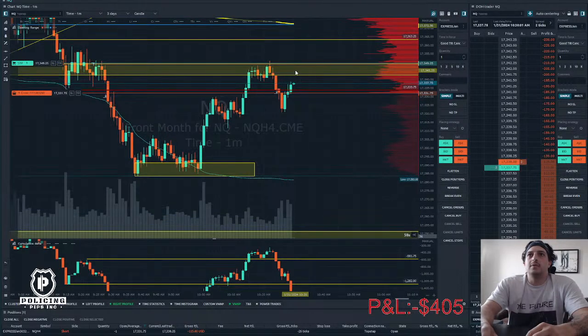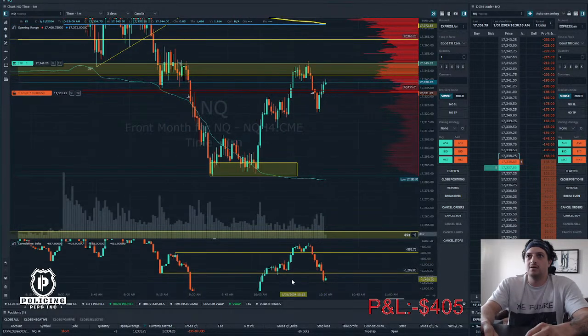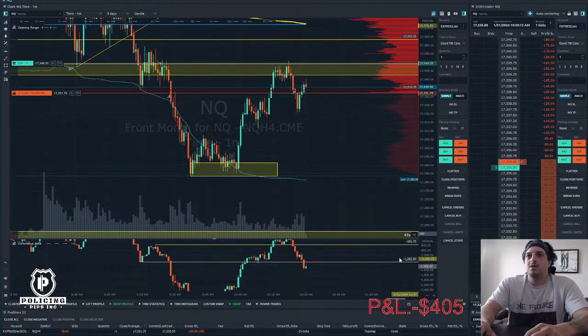Oh man, just really doing us dirty here. Delta pushed way down. Price did not play along, which is very interesting to me. We should get the flush at some point here if it's going to play.